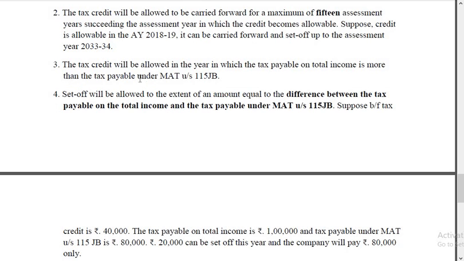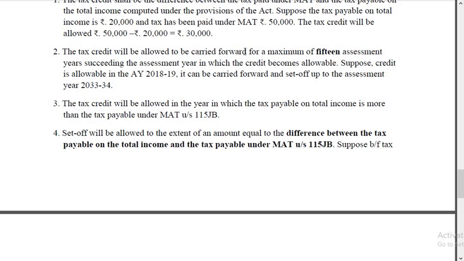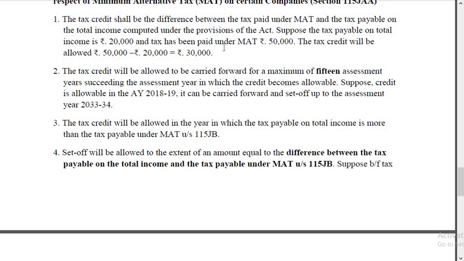Alright, next one. The tax credit will be allowed in the year in which the tax payable on total income is more than the tax payable under MAT, say section 115JB. For example, here MAT is 50,000 and the tax on total income is 20,000. So 30,000 is the credit.